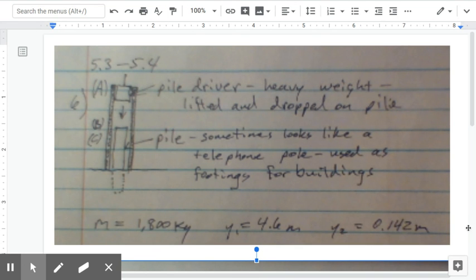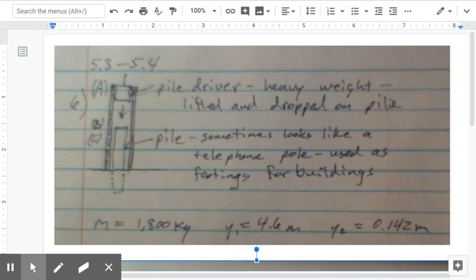So first of all, we need to know what a pile driver is, and that may have been a hang-up for solving this problem. Say you're building a larger building, or you're building on some ground that's not that stable, like when they built the high school in the swamp.